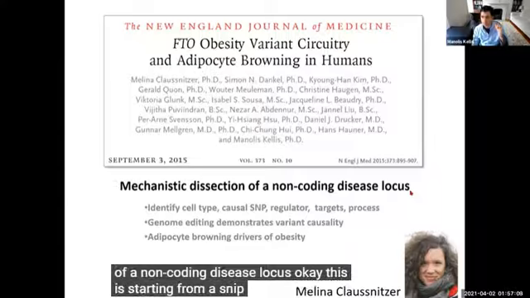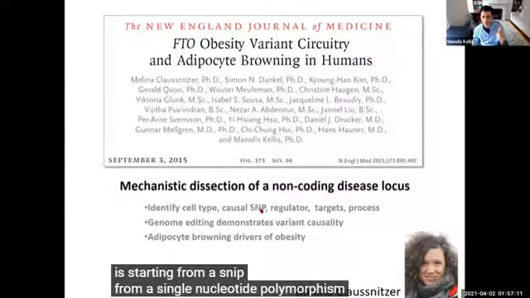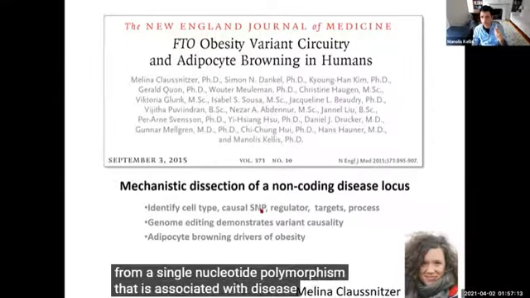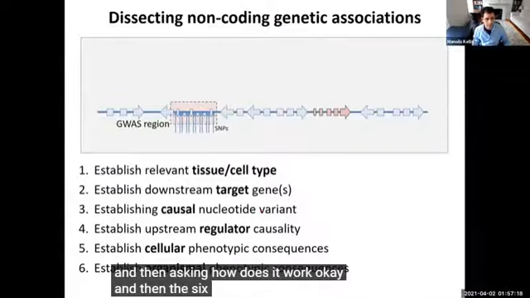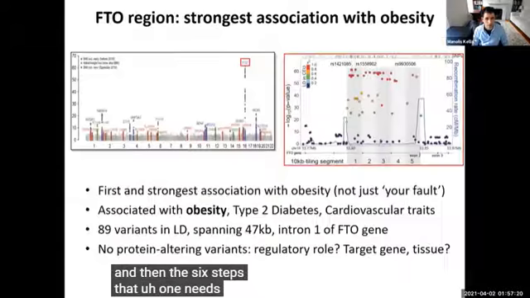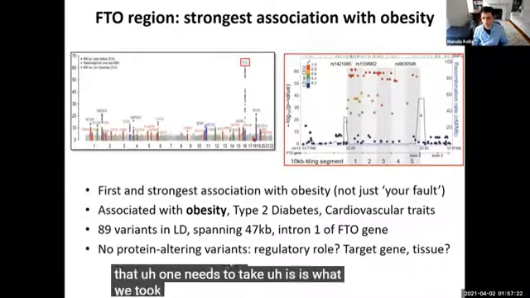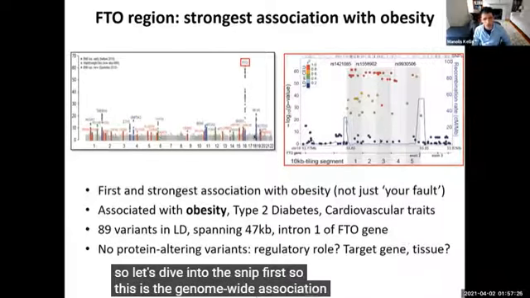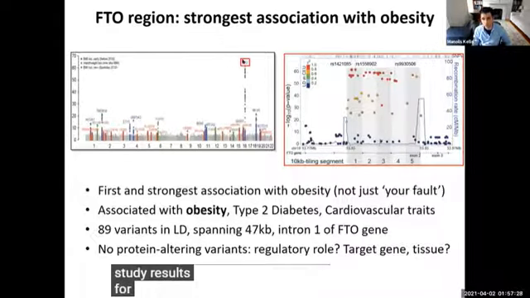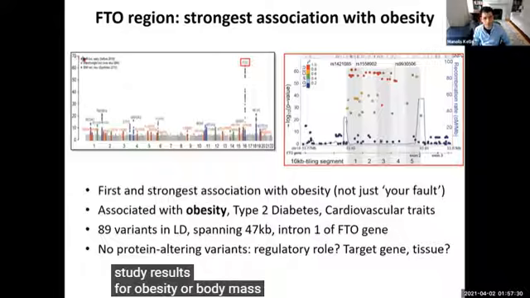This is starting from a SNP, from a single nucleotide polymorphism that is associated with disease, and then asking how does it work, okay? And then the 6 steps that one needs to take is what we took here. So let's dive into the SNP first. So this is the genome-wide association study results for obesity or body mass index.